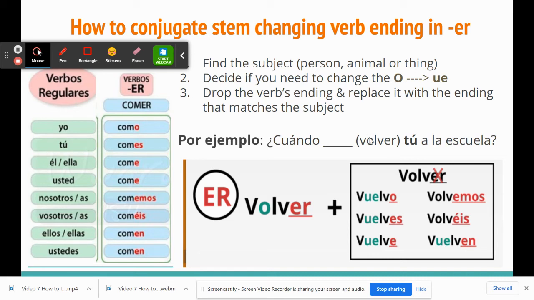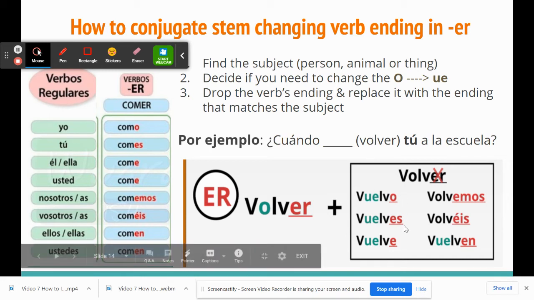Okay. So the first thing that it is telling us is that we need to find the subject. So which one is the subject in this sentence? Tú. Muy bien. Now with tú, is the conjugation inside a shoe or outside a shoe? Does the O need to change to UE? Yes or no?